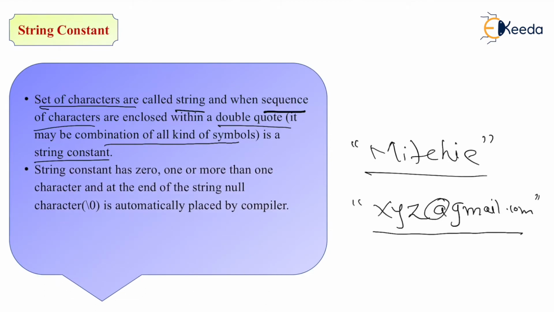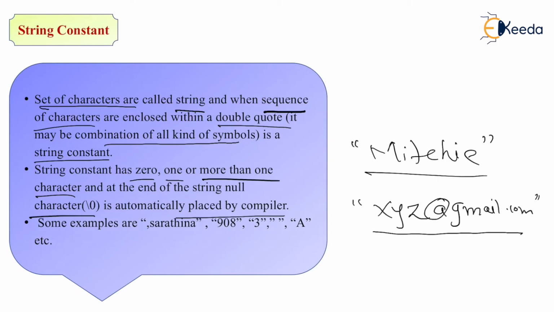Next, a string constant has 0, 1 or more than 1 characters. At the end of the string, by default, the null character is automatically placed by the compiler to mark the end of the string value. Next, for example, a name, a number like 9083, the null value, etc.